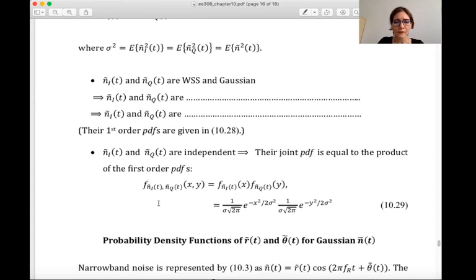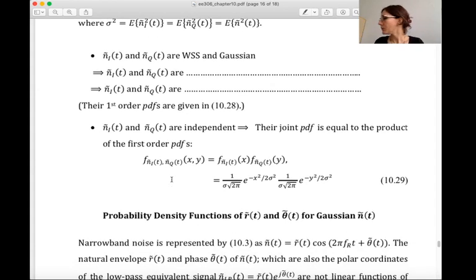So to get the joint density, take f_{N_I}, the density of N_I of t, which is here, and then the density of N_Q of t, which is here. So you multiply them, you know the joint density.